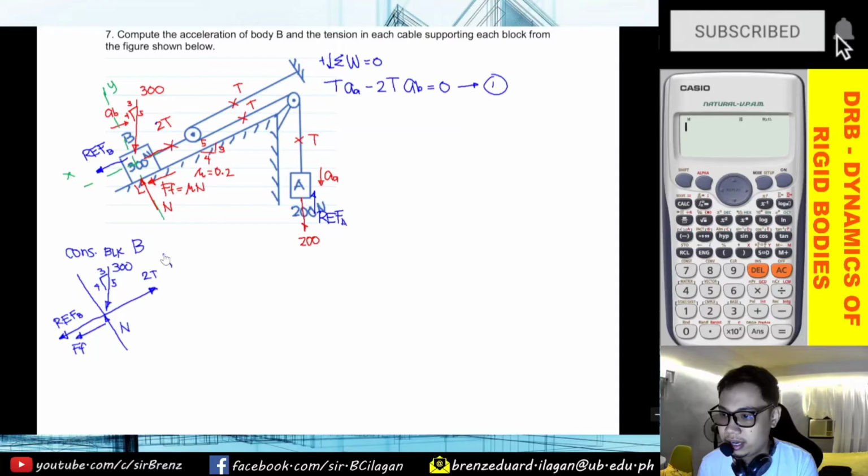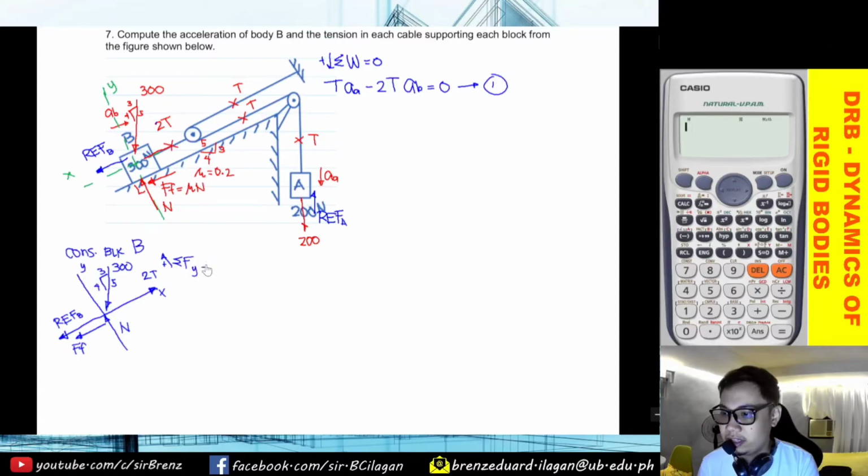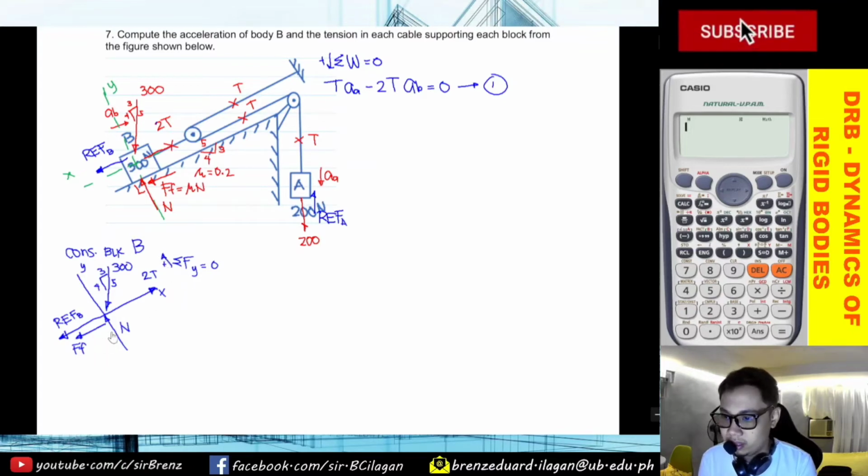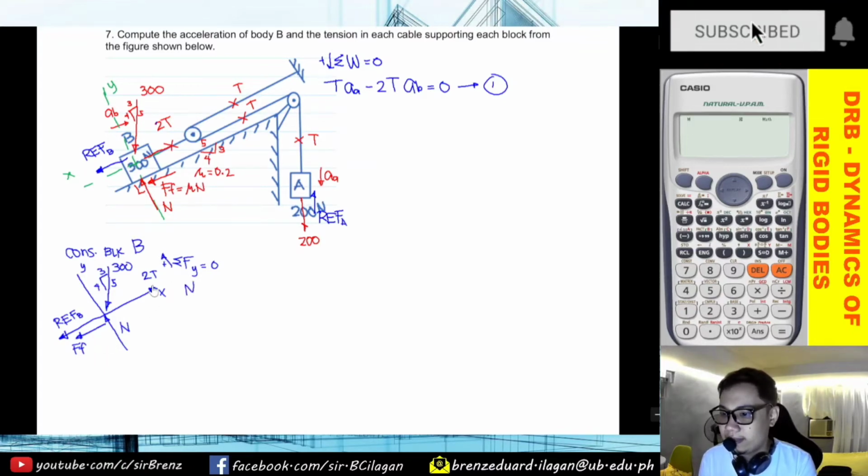So, assuming in this direction as positive, ayan, take summation of forces. So again, this is the y and this is the x-axis. So take summation of forces y equals to 0, assuming in this direction as positive. So we have N. So minus, since yung y component nito is going in this direction, yung pababa, so transpose ko na lang sa kabila to make it positive.